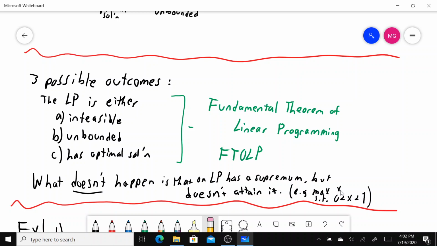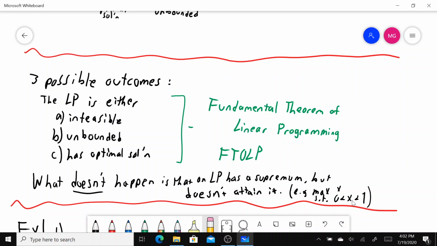Max, just a single real variable x, and the constraint on it is that x is strictly positive and strictly less than 1. And that is not a linear program. What's going to happen here is that you can see that the supremum value is 1, of course, but you're never going to attain it because you're always going to be approaching it. You're strictly less than 1.